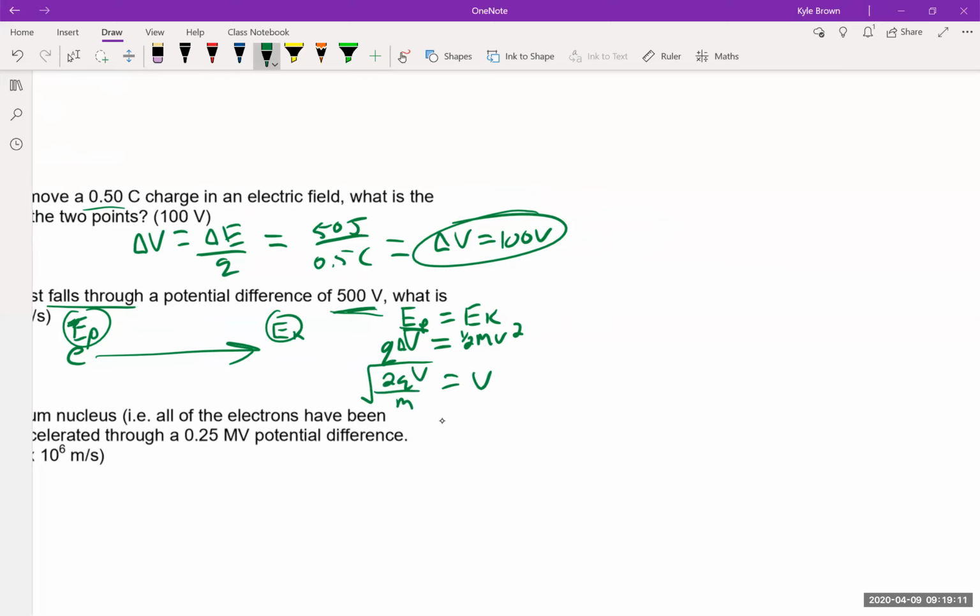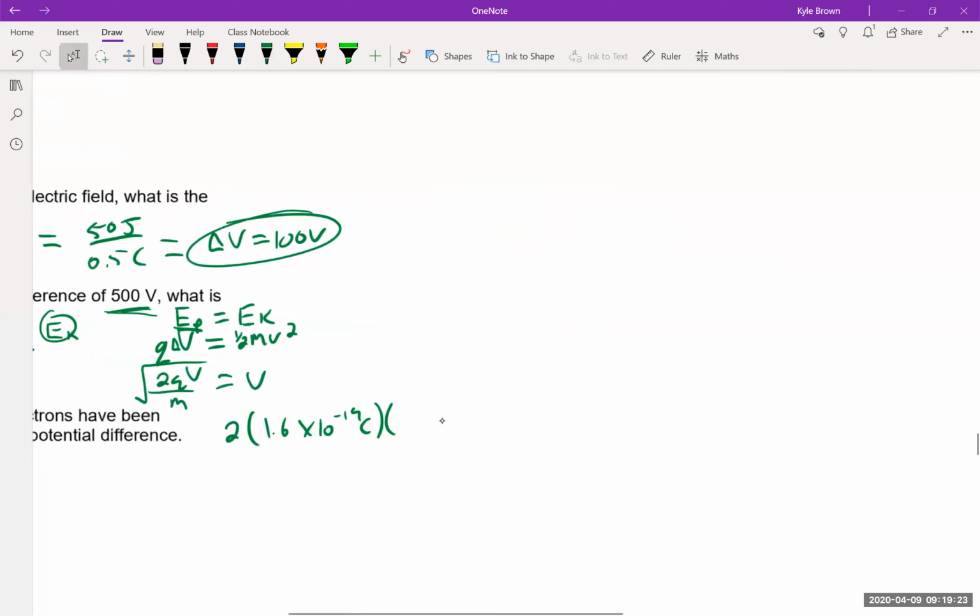So that would be equal to 2 times my charge of 1.6 times 10 to the negative 19 coulombs, times 500 volts, divided by my mass of 9.11 times 10 to the negative 31 kilograms.